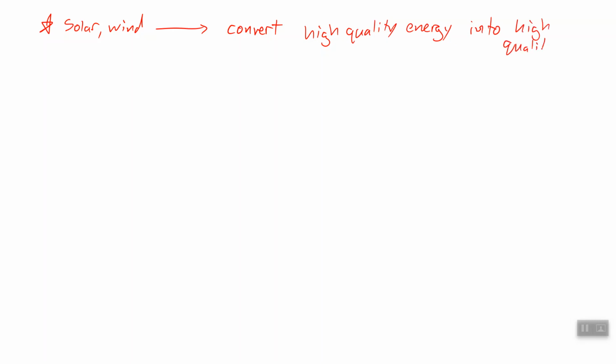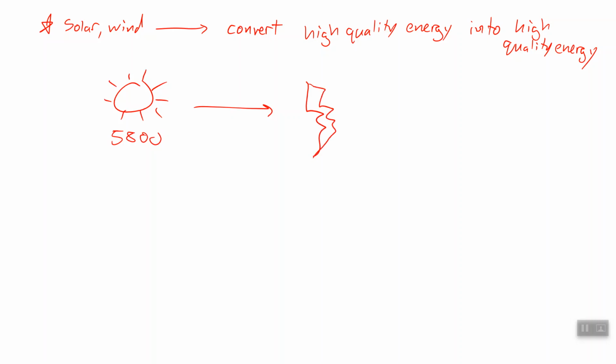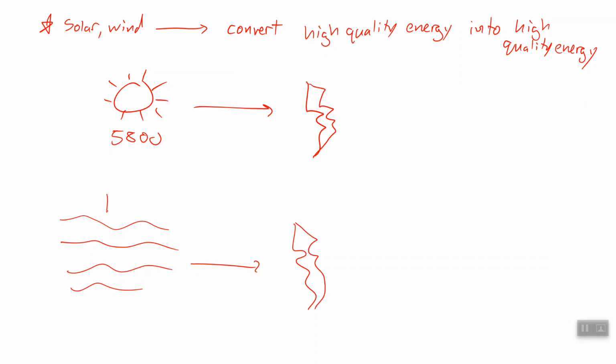So with solar, we convert very high temperature heat from the sun at 5800 Kelvin into electricity. And then with wind turbines, we turn wind into electricity. Wind is kinetic energy. The sun is very high temperature thermal energy. Very high temperature, which means it's high quality.